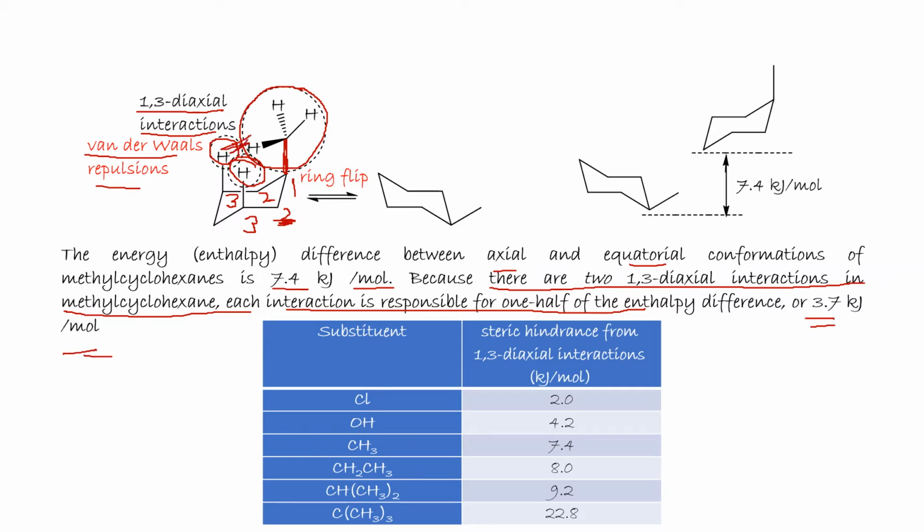Repulsion between this and that is 3.7, this and that is 3.7, making a total of 7.4. Here the table shows you some other substituents like chlorine, it's 2, OH 4.2, here is methyl 7.4, ethyl 8, isopropyl 9.2, tertiary butyl 22.8.